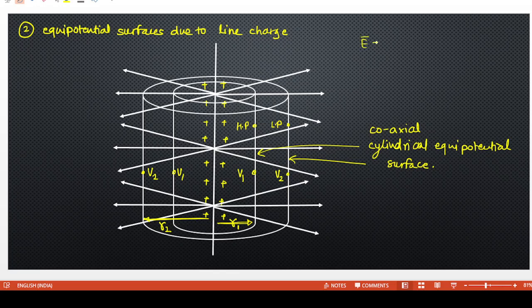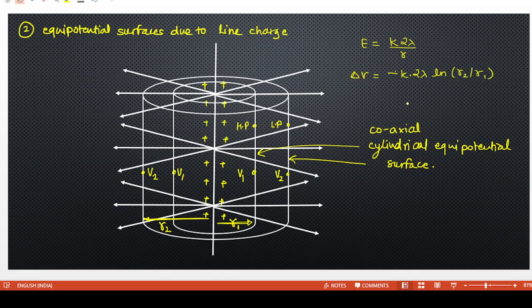E bar is equal to what? Electric field magnitude E is equal to K 2 lambda upon R, and potential difference final minus initial is equal to minus K 2 lambda ln R2 by R1.